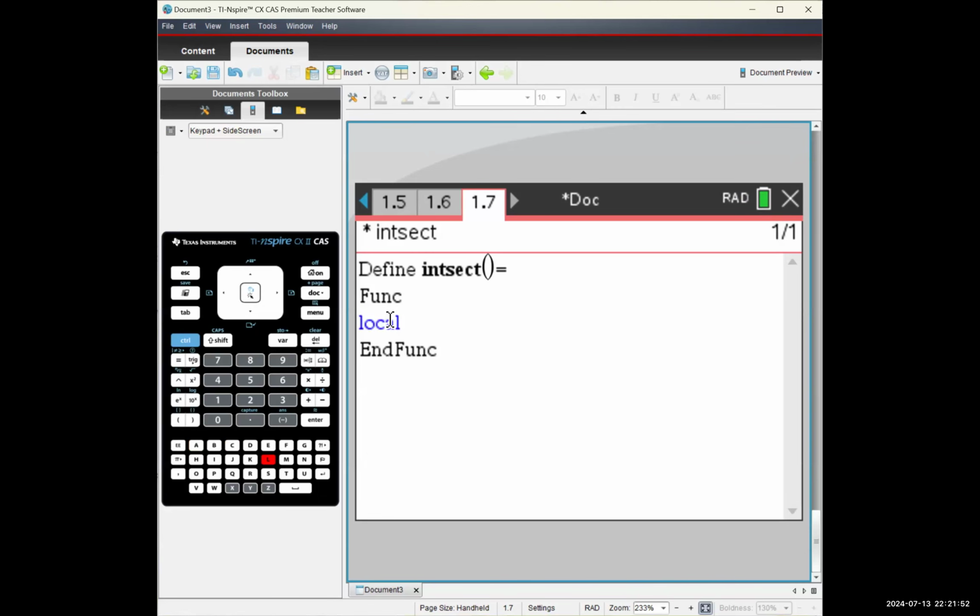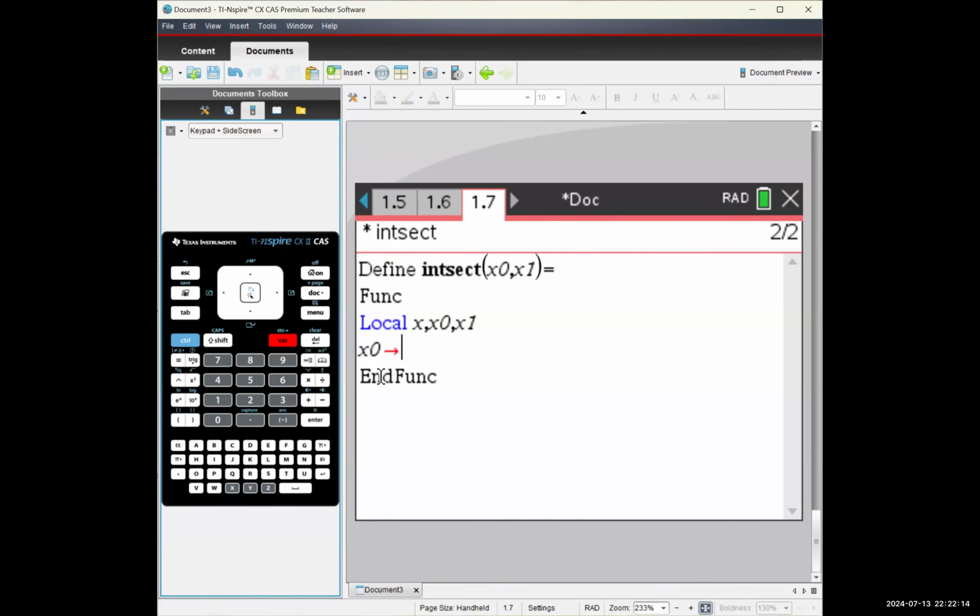Firstly, I probably need to get a local x, x0, x1, something like that. And this is x0, x1. Let's press Control B. The first thing is I will assign x0 to x.